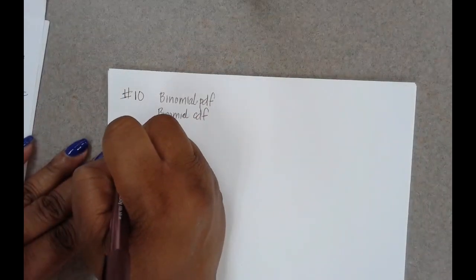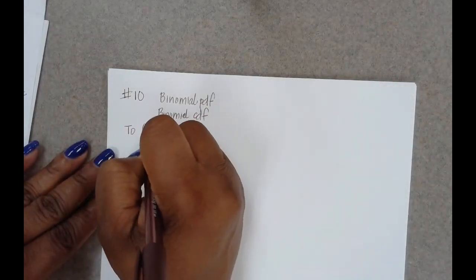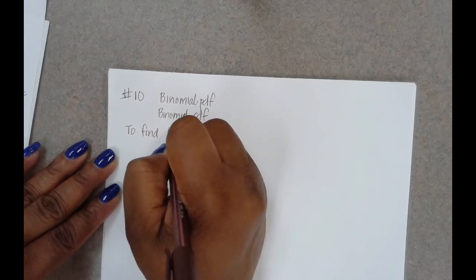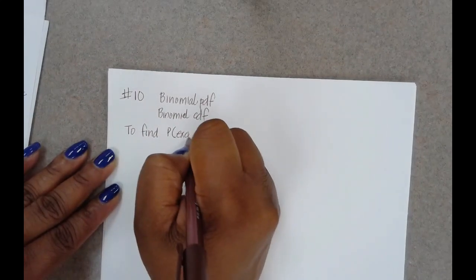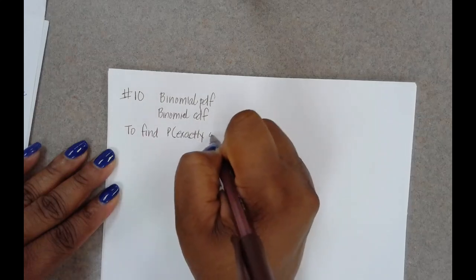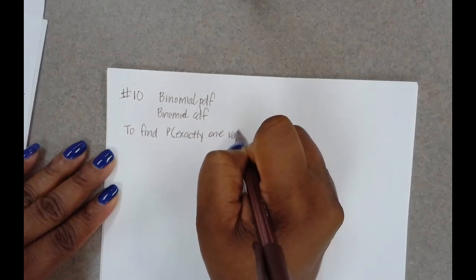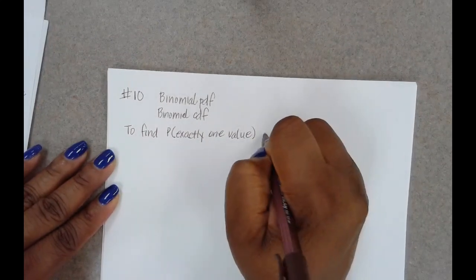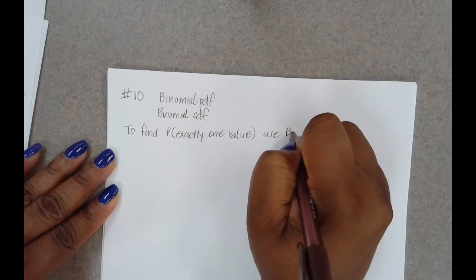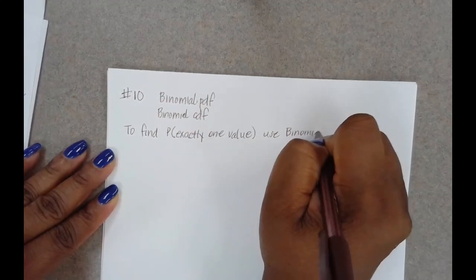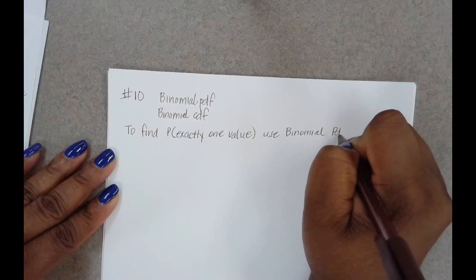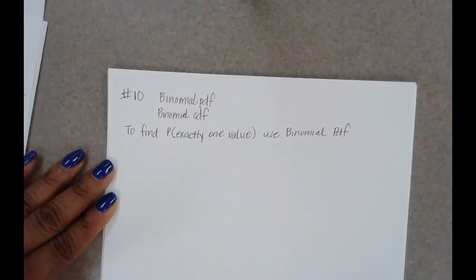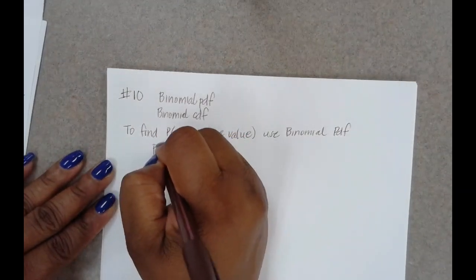So I'm going to move here. So to find P of exactly one value, use binomial PDF. Okay, so for us, that's P of 5.